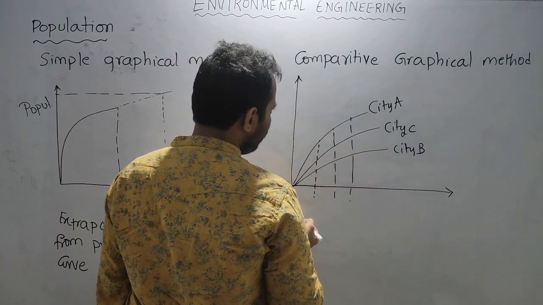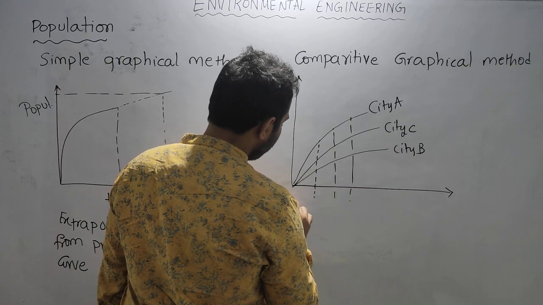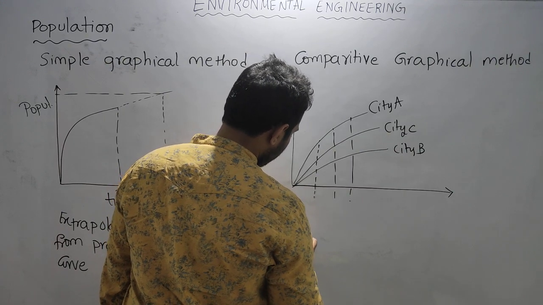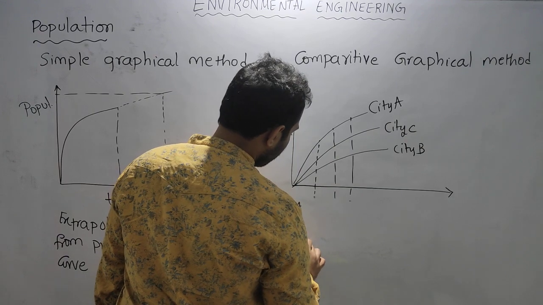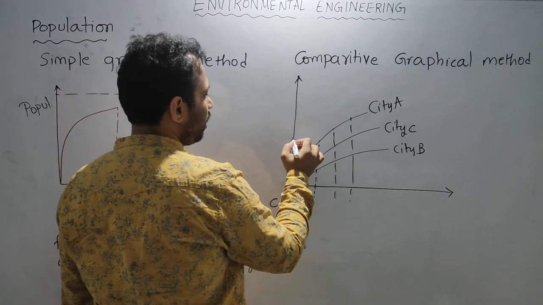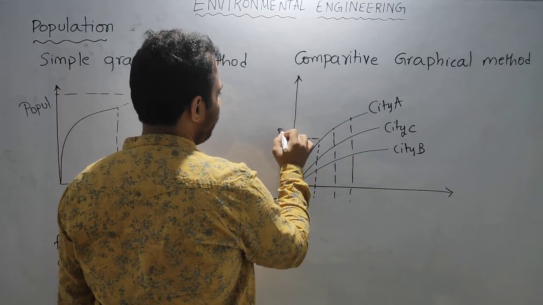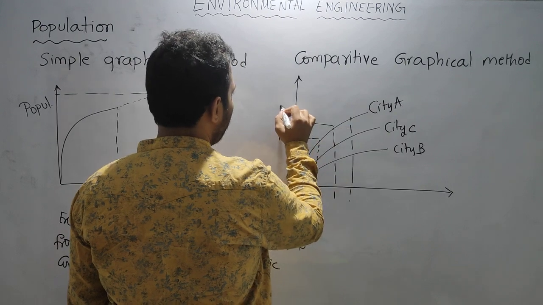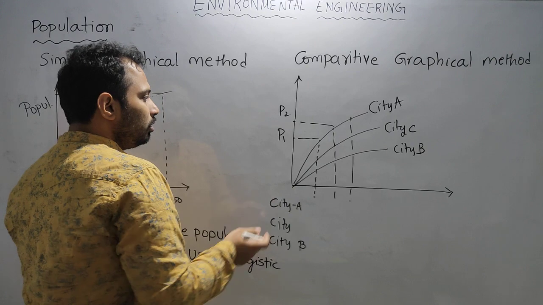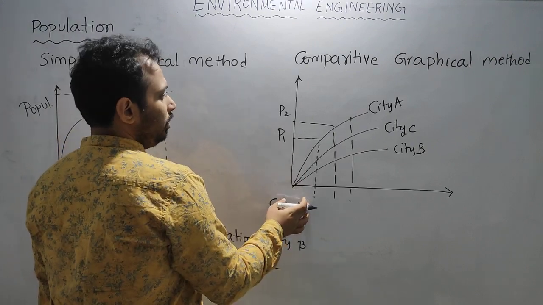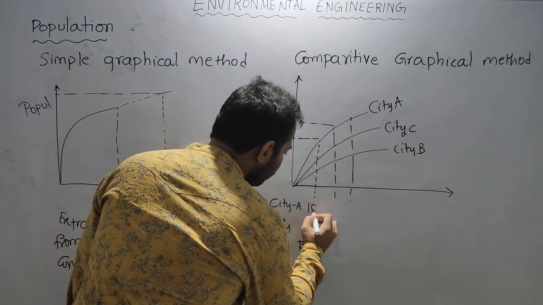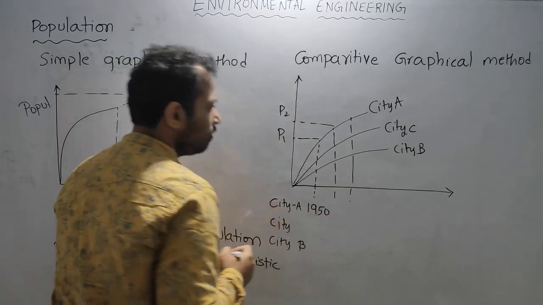Now for city A and city B, all of them have the same populations. Let P1, P2, and P3 be populations.